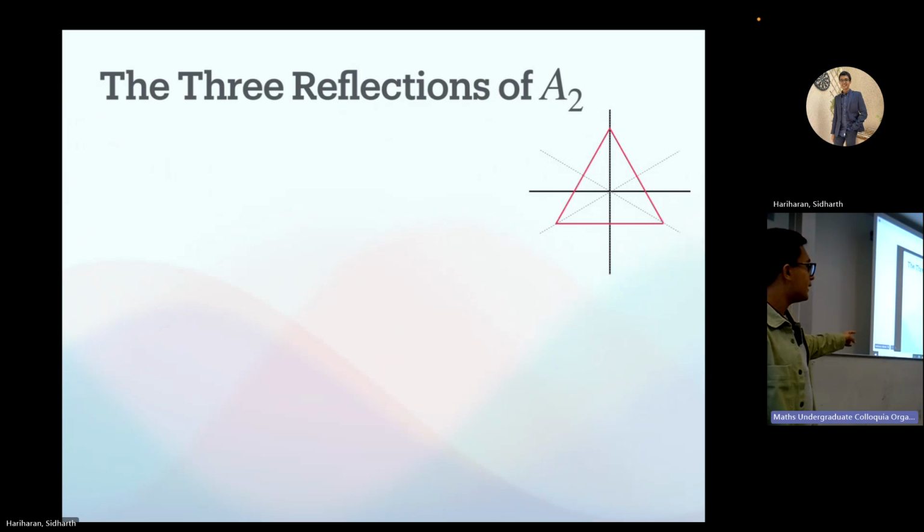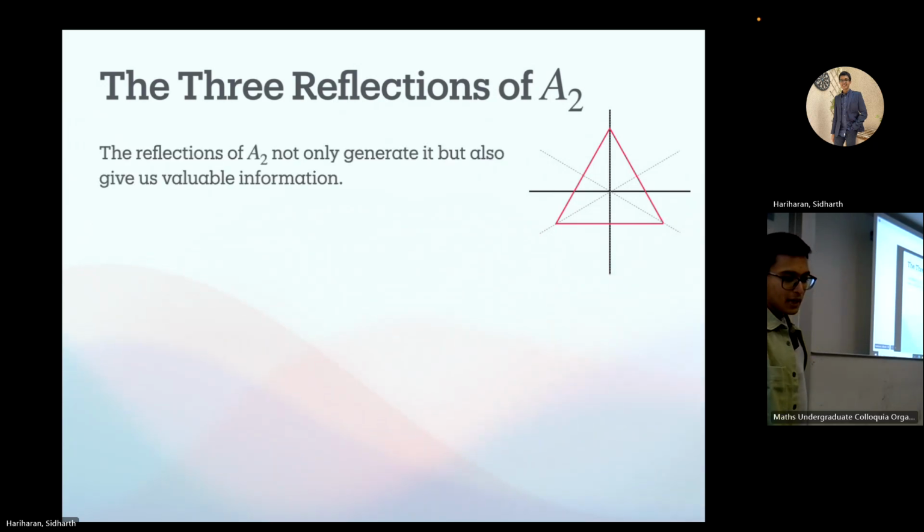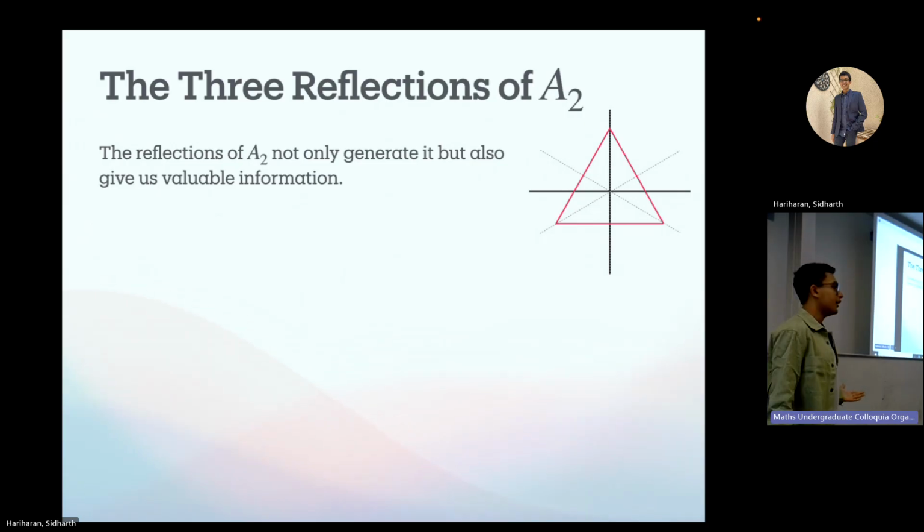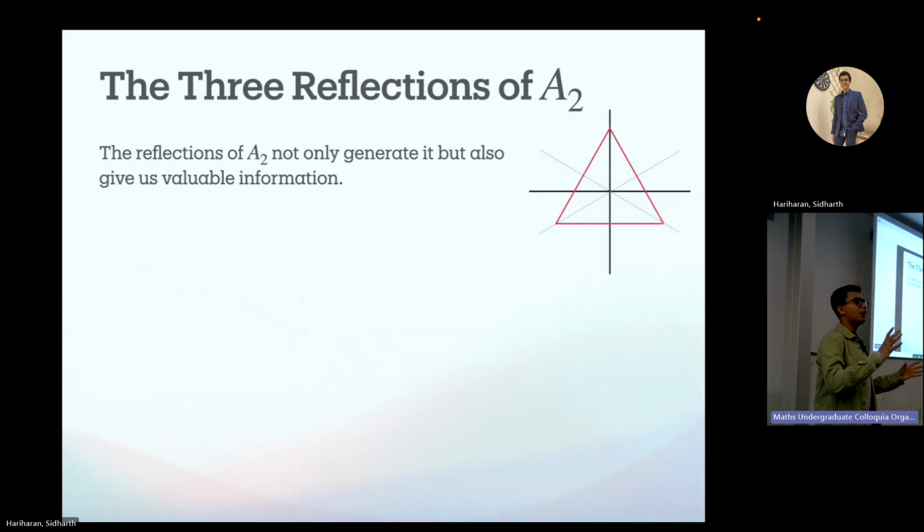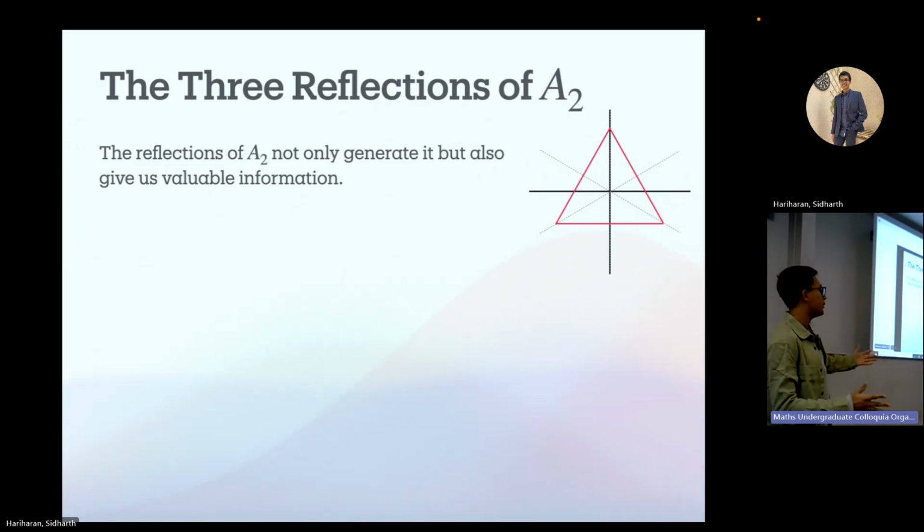And the way to do that is to introduce something that we're going to see. So the reflections don't just generate, right? The idea is we want to capture the information about a Coxeter group in a simple manner. And for that, we know that it's generated by reflections. So a logical place to look is those reflections, right? So that's what we're going to do.